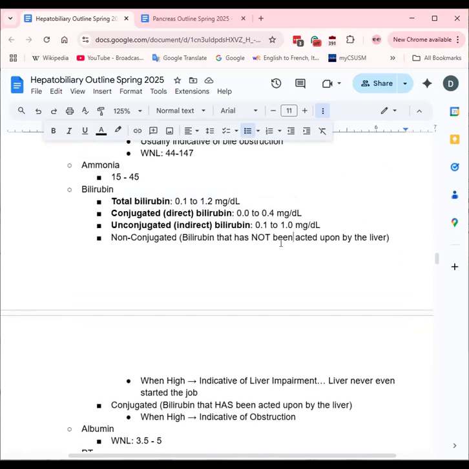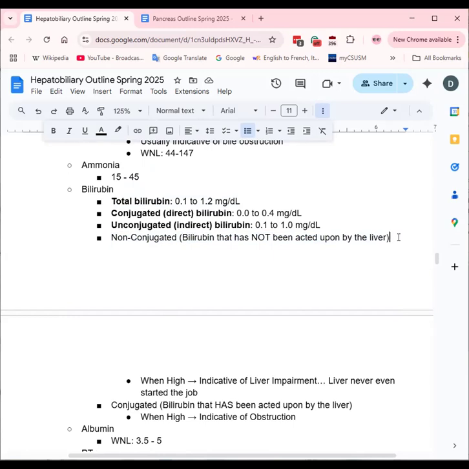So the next thing to know is what does it mean to be conjugated and not conjugated? When something is non-conjugated, that means it has yet to be acted upon by the liver. Unconjugated, not acted upon.